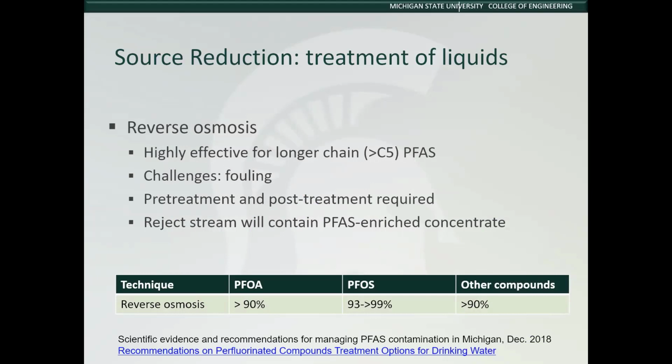The last of the more common methods that we'll talk about is reverse osmosis. Reverse osmosis is a pressure-driven process. It is highly effective for longer chain PFAS. However, one of the major challenges is fouling, the deposition of organic matter on the membrane surface.